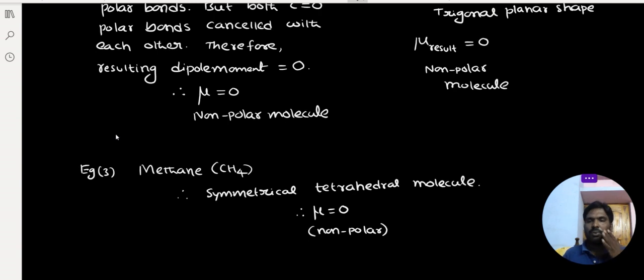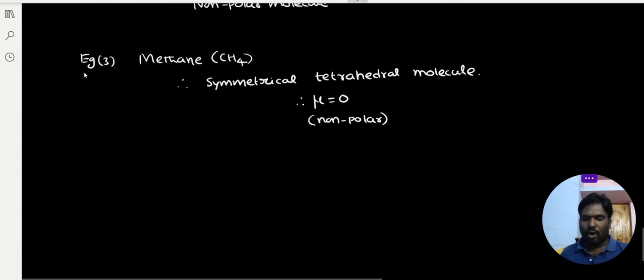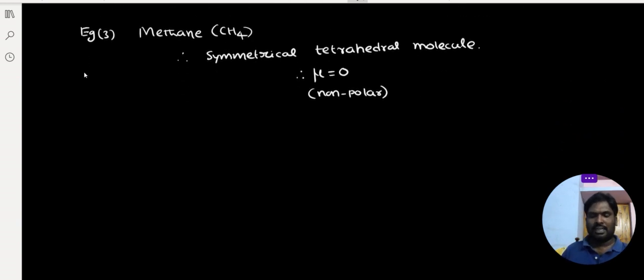Mu value 0 means non-polar. Similarly, all symmetrical tetrahedral molecules, not only methane, have dipole moment 0.